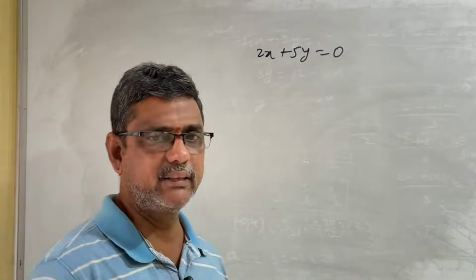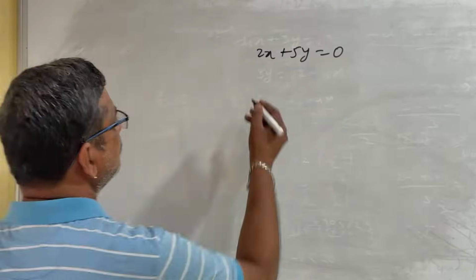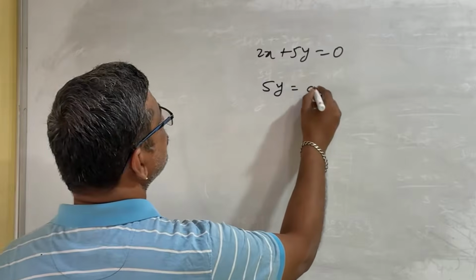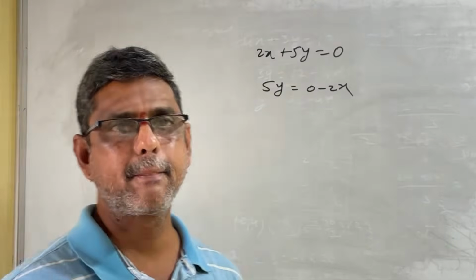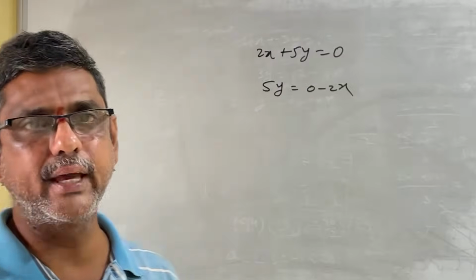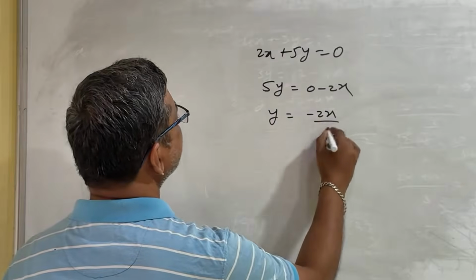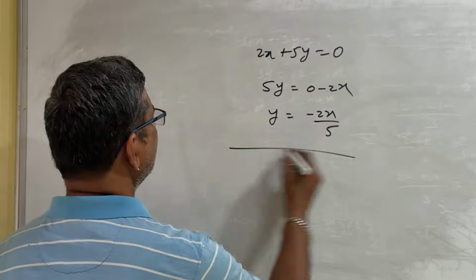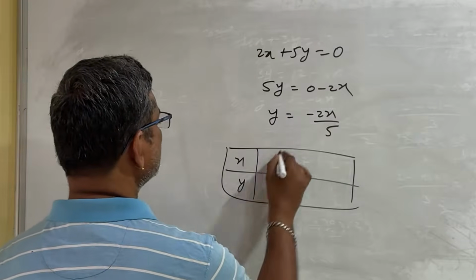Now, go ahead with this. 5y is equal to 0 minus 2x. Then y is equal to minus 2x by 5. Now find out the solutions, children.